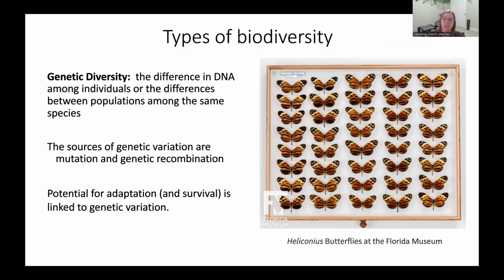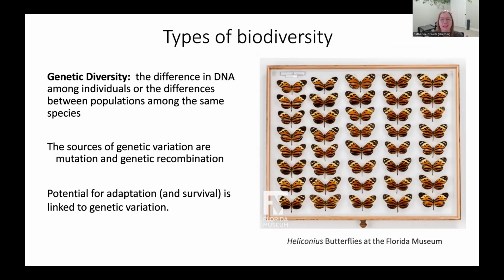Here I have an image. This is all the same type of butterfly, but if you look from butterfly to butterfly, their sizes vary, their shapes vary, their color patterns vary, the hues vary. So all that different genetic diversity that we get from sexual reproduction and from mutation is going to lead to differences.